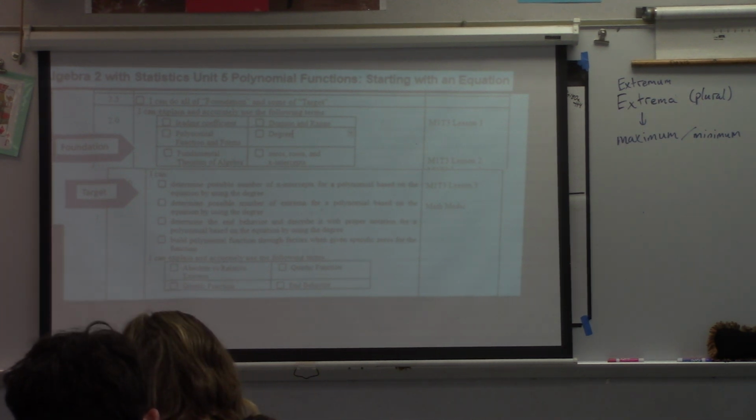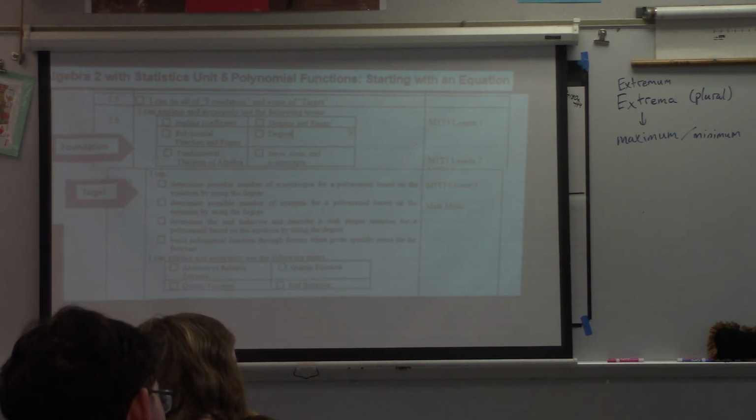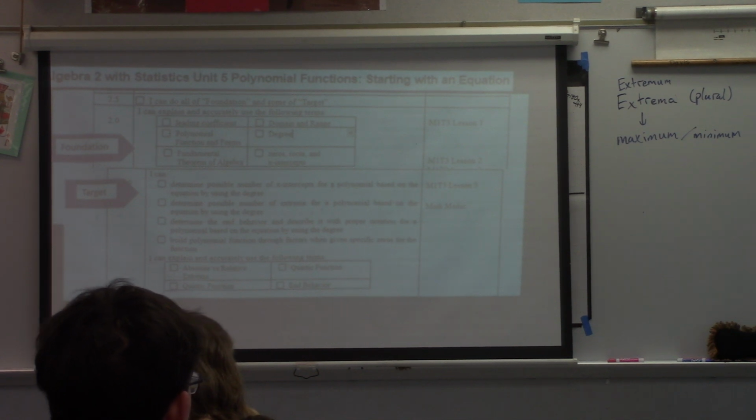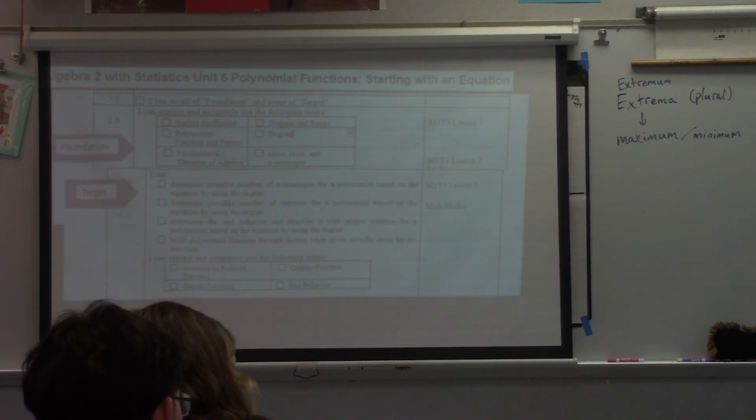But please notice, am I asking you what the actual extrema are based on the equation? No, because at where you are right now, do you know what you would have to use in order to find what the actual extrema are? Say again? And what part of that calculator? The graphing calculator, right? The graph component.